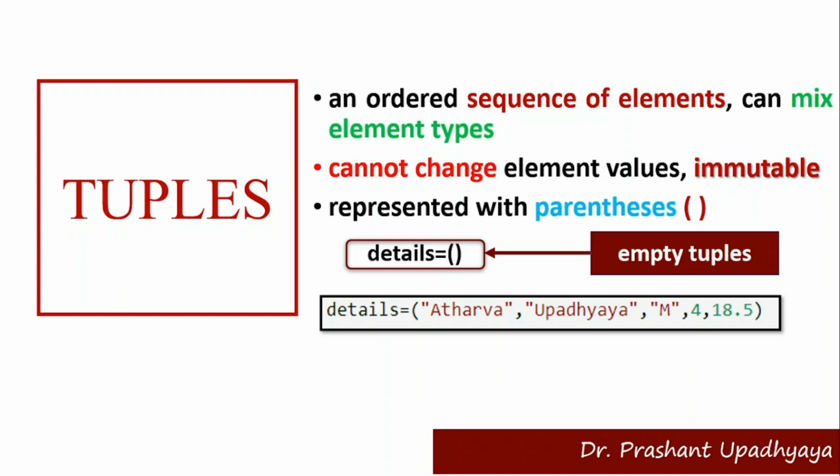Again I will take the same example which we took in the list. Instead of creating it as a list, we are creating it as a tuple. So instead of square brackets, we have replaced them with parentheses. I am representing my details as Atharv Upadhyay, male, 4 years of age and 18.5 the weight.